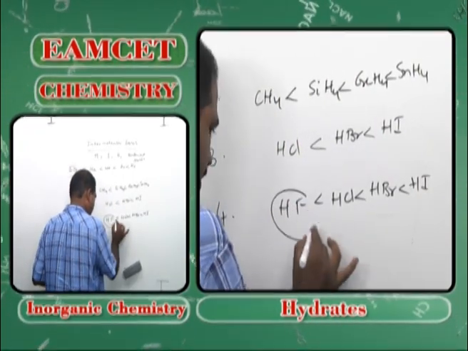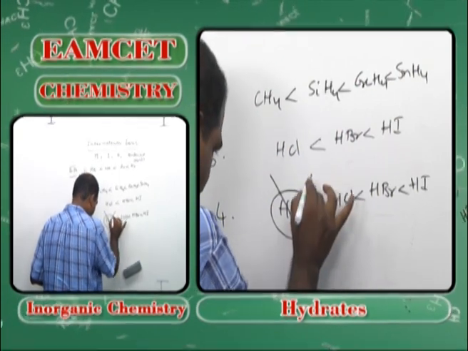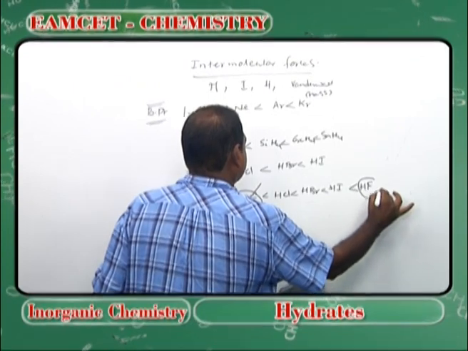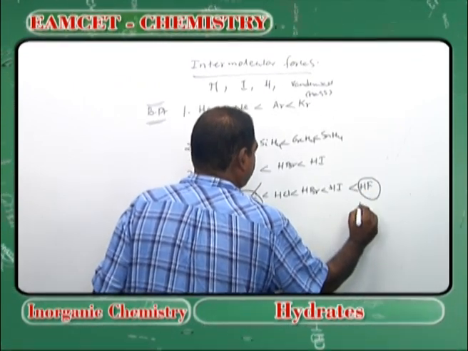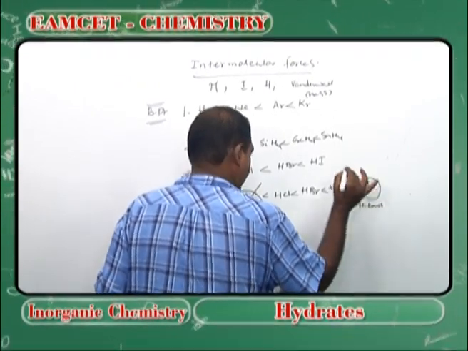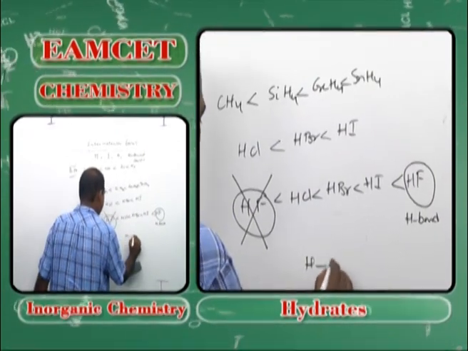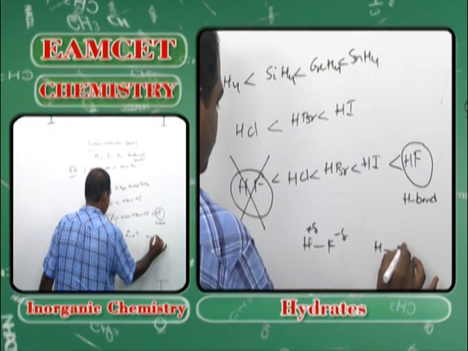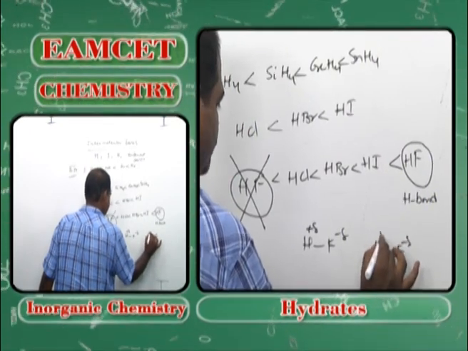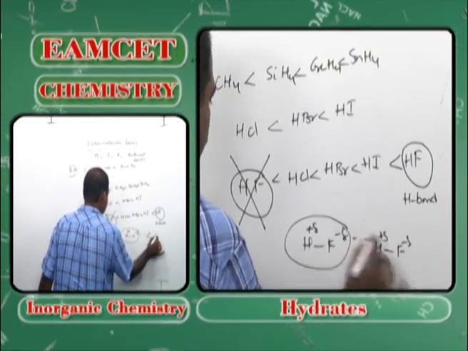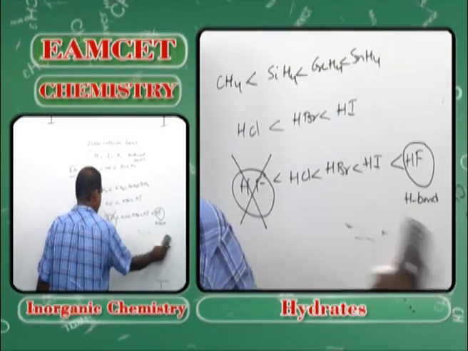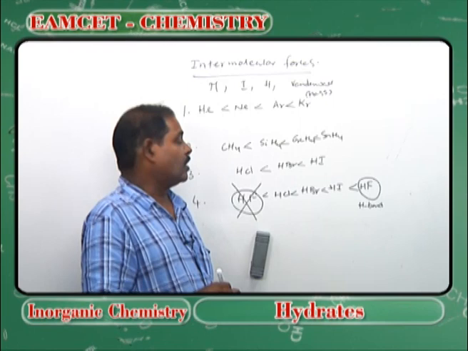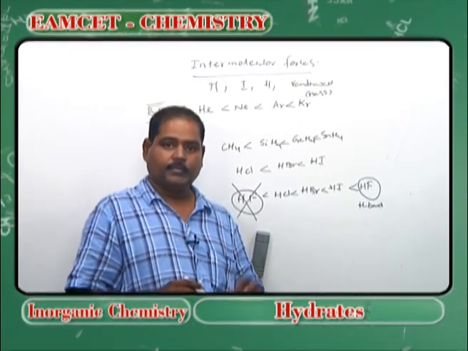HF has hydrogen bond. So, the boiling point of HF is the highest, though it has less mass, because of hydrogen bond. In HF, hydrogen fluoride, there is a special attractive force: the intermolecular force is hydrogen bond. So be careful. Mass is not always the mantra.